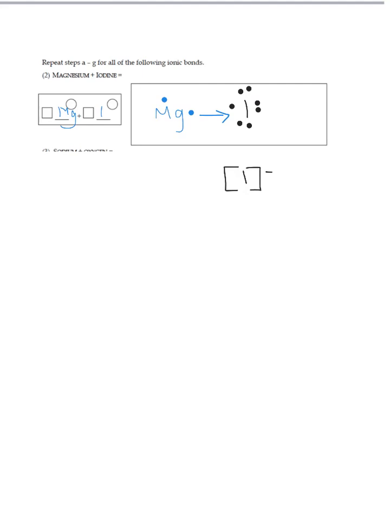And what happens is that we have a second iodine that still has 7 valence electrons. And what happens here is that this valence electron comes in here and creates another negatively charged iodine ion.